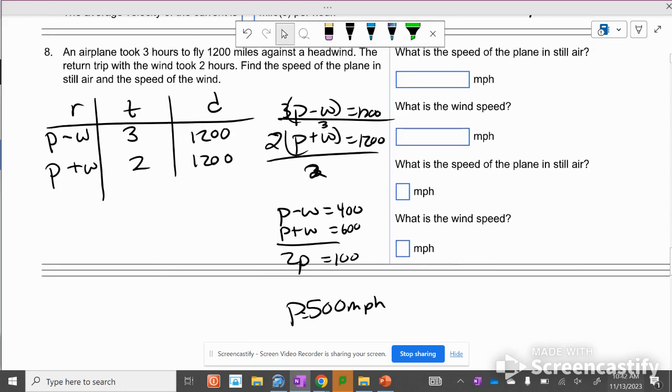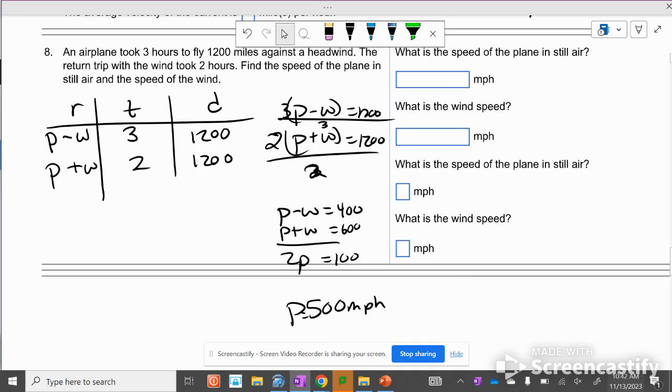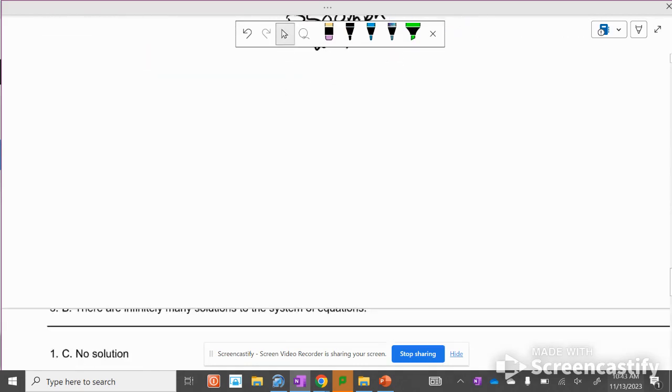And then to find the wind speed, just plug that in. So if this is 500, the wind must be 100. Ooh, that's a strong wind up there. All right.